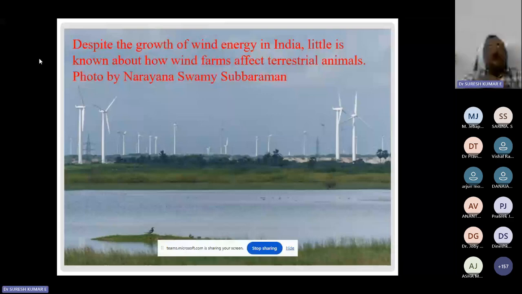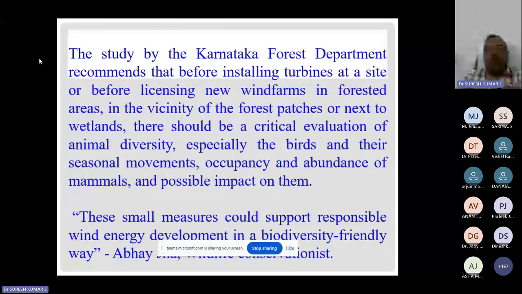Now, the study by the Karnataka Forestry Department recommends that before installing turbines at a site, so it's an engineering issue, not an environmental one, before installing turbines at a site or before licensing new wind farms in forest areas, in the vicinity of forest patches or next to wetlands, the wetland you have seen in the previous diagram, there should be a critical evaluation of animal diversity.